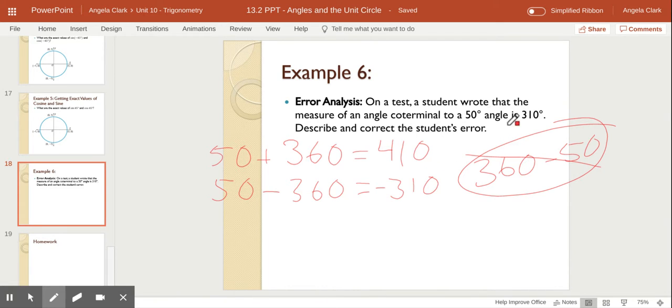So given a situation like this, because there are an infinite number of ways to find a coterminal angle, right? There's an infinite number of coterminal angles, but they all have to do with adding or subtracting 360. So for a situation like this, I would add 360, see what that gets me, subtract 360, see what that gets me.